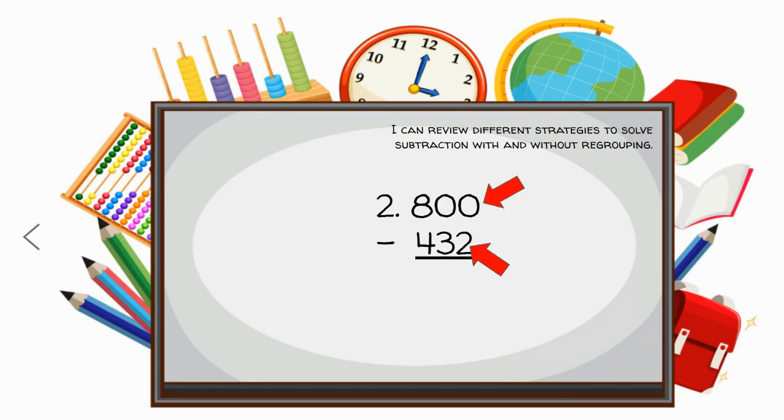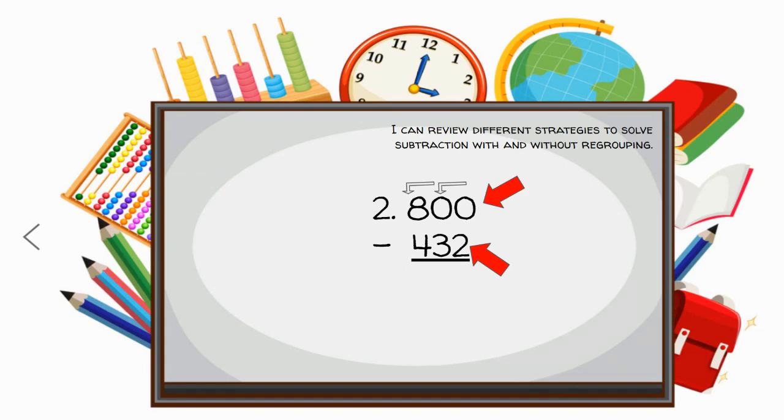I need to check these two numbers, 0 and 2 in the ones position. Can I take 2 out of 0? No, because 0 is 0. It doesn't have anything. So what do I need to do? I need to go to my neighbor. But does my neighbor have something to give me? No, because it's also a 0. So what do I need to do?